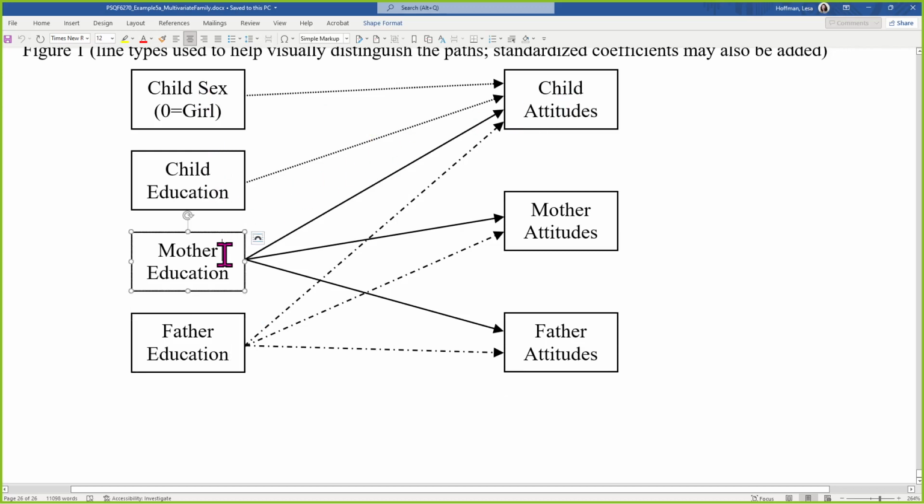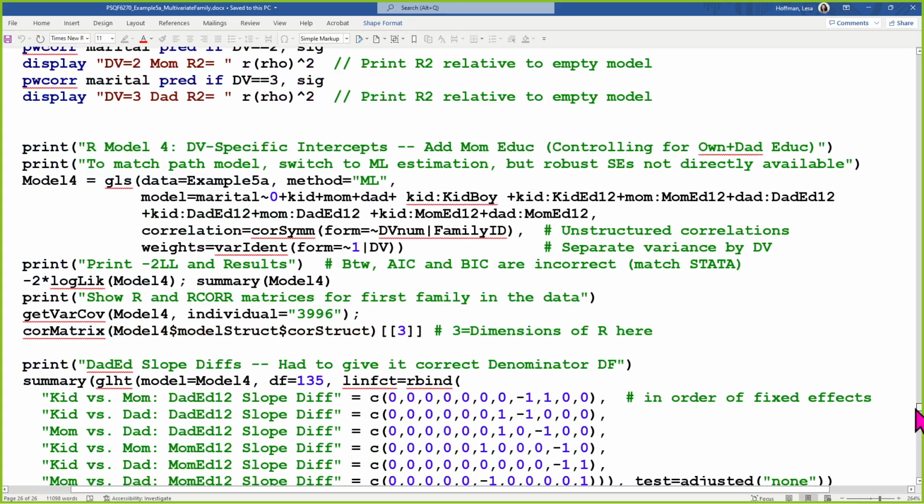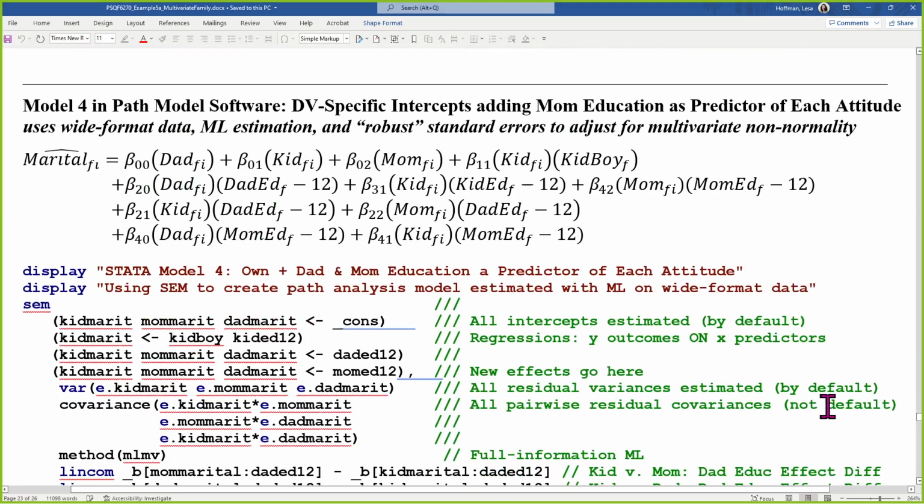And the part that we're missing then, we have this path right here, mother's education to their attitudes, but it turns out that we're going to need to put in those 2 later. So the process of figuring out how I learned that and then putting them into a path model and model for the multivariate stack data structure, well, that'll be next week. So, stay tuned. All right, lots and lots of code.